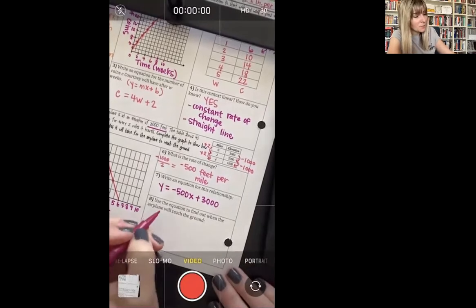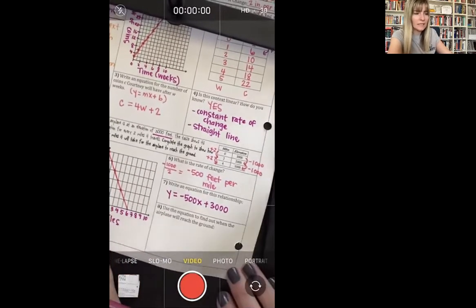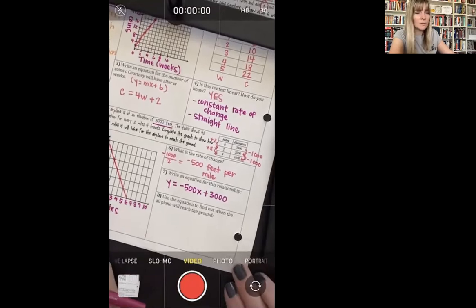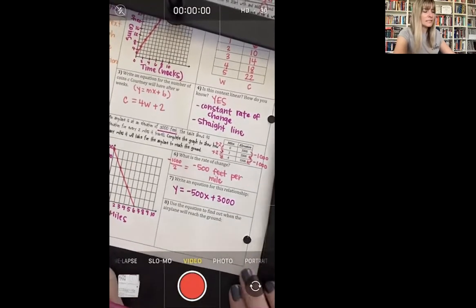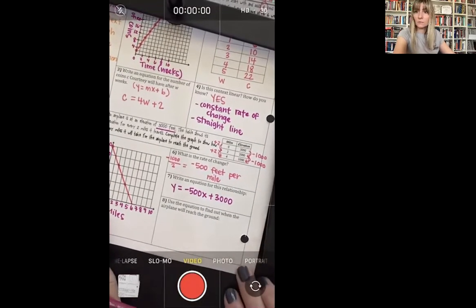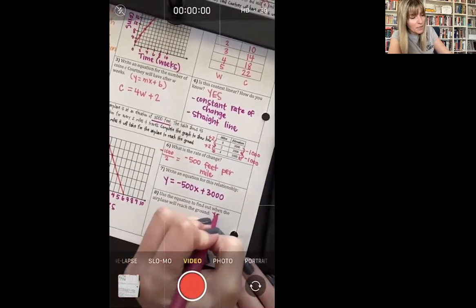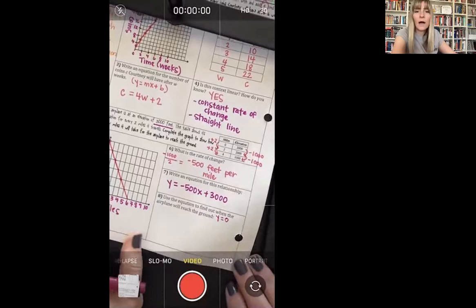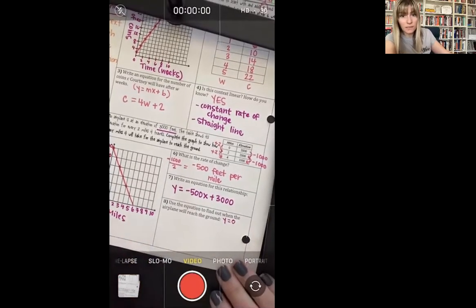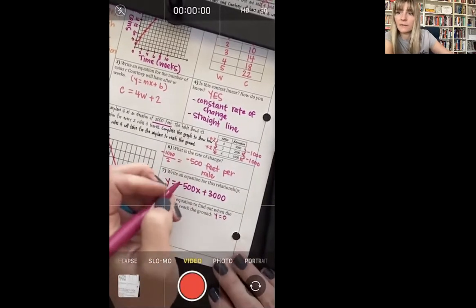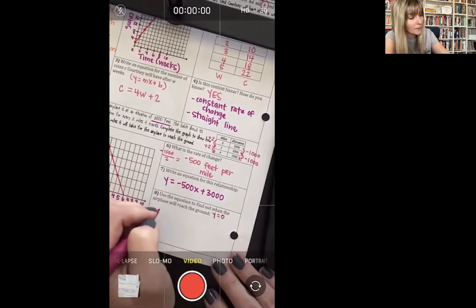Now look at this. Use the equation to find out when the airplane will hit the ground. Well, what's the ground? The ground is elevation 0, right? And elevation is y. So we're trying to find out when will y equal 0. Because I'm left-handed, it's easier for me to write if my paper's slanted this way, if you're wondering why it's like that.